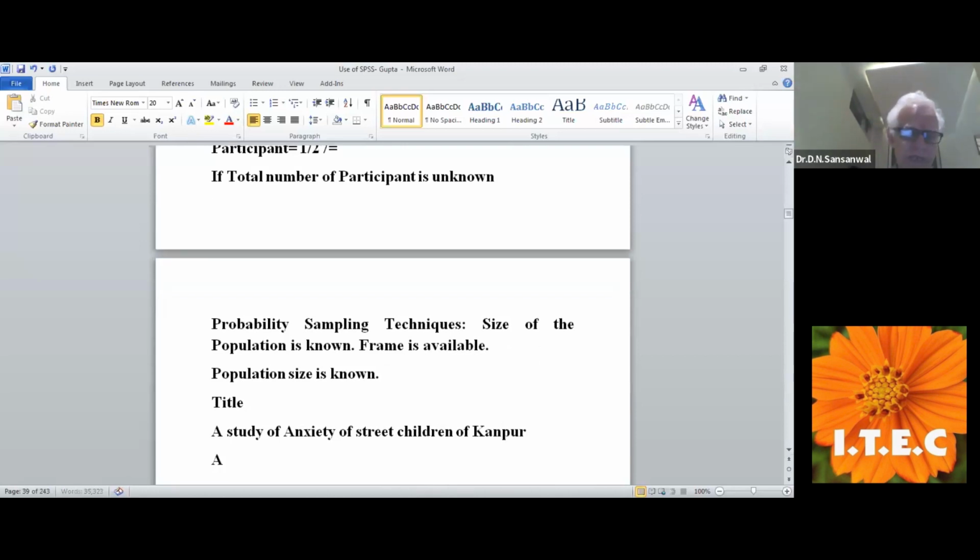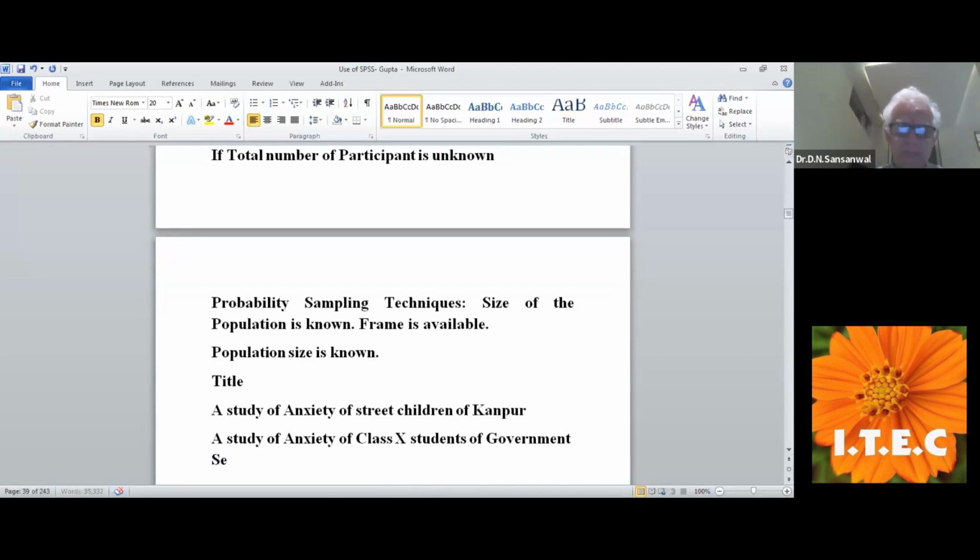Another I am writing, a study of anxiety of class 10th student of government senior secondary school of Kanpur.